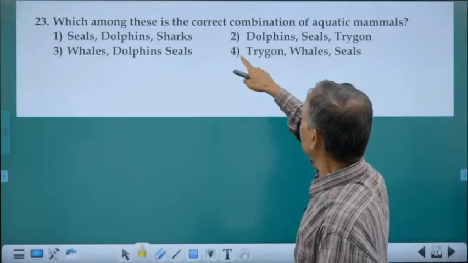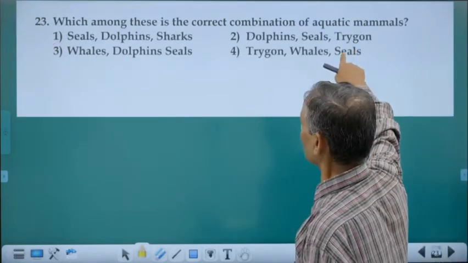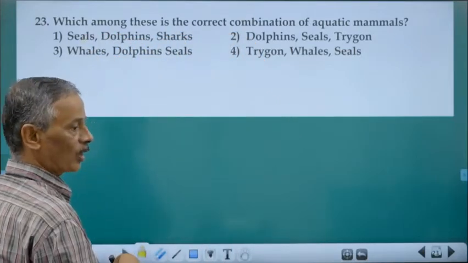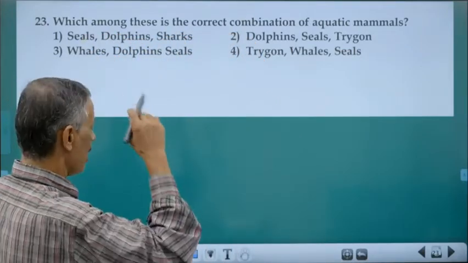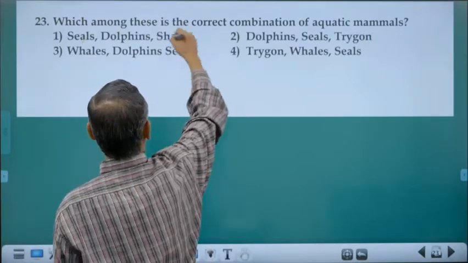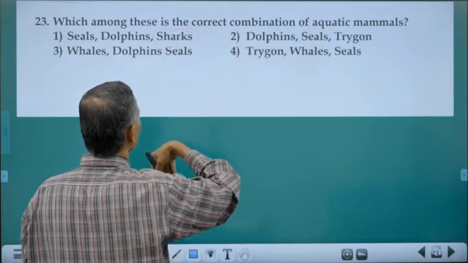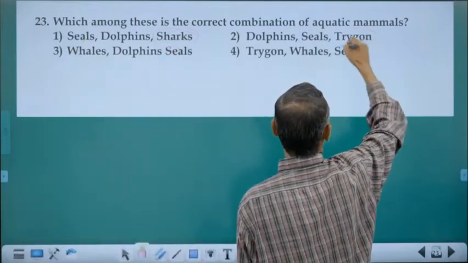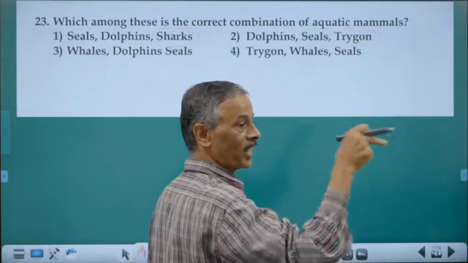Which among these is the correct combination of aquatic mammals? Seals. These are all aquatic mammals seen in Arctic seas. Dolphin, but sharks. Shark is not a mammal. Here you are having trygon, narcine.